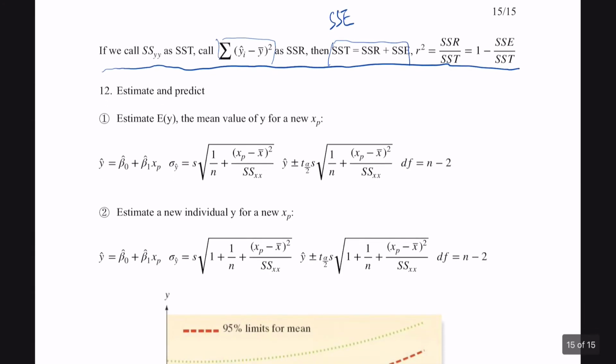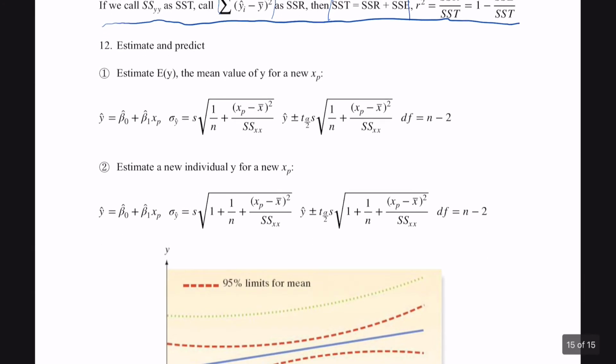Finally, the last part of this chapter is about estimate and predict. It involves the discussion about epsilon.